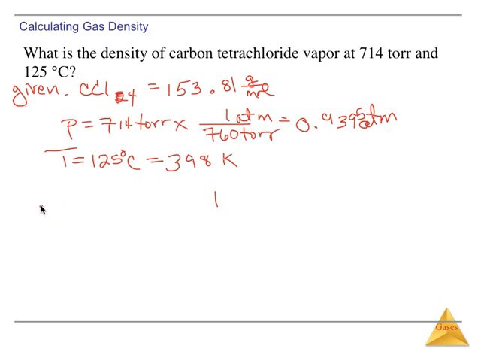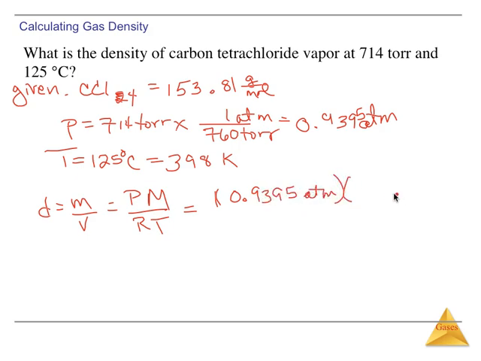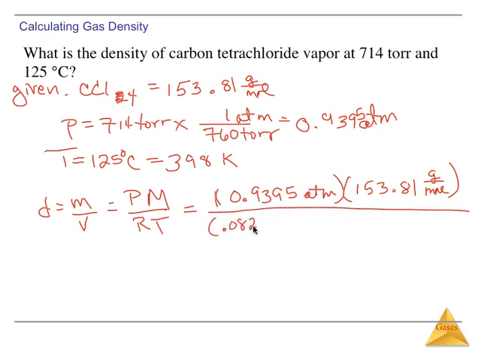So the density is equal to the mass over the volume, which is equal to the pressure times the molecular mass over RT, which is equal to the pressure, 0.9395 atmospheres, times the molar mass, 153.81 grams per mole, over R, 0.08206 liter atmospheres over moles Kelvin, times 398 Kelvin.